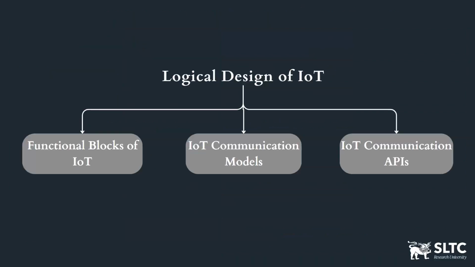You just need to know that logical design means that you are planning ahead about the IoT network by considering the different challenges that are there in the IoT network, and also the requirements that the customer has requested us. So logical design means you are logically thinking how this IoT system is going to work.